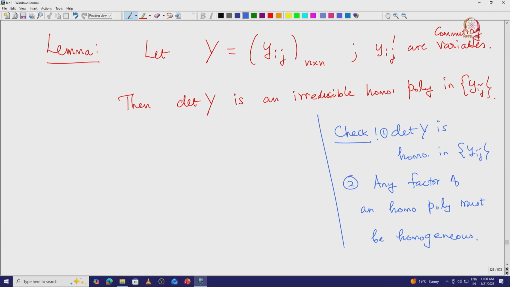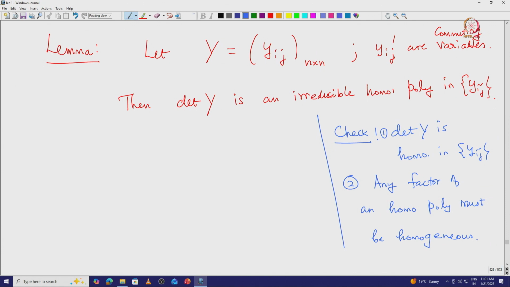So, now let us see why the determinant of Y is indeed an irreducible polynomial in y_ij. There are many different proofs that one can give, but let me use the proof given in Etingof.